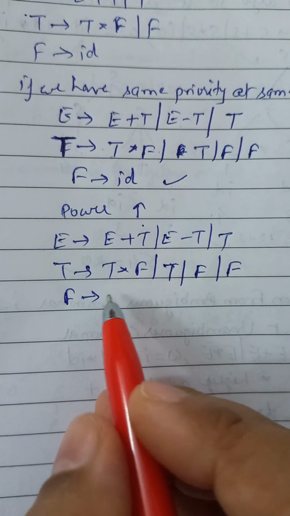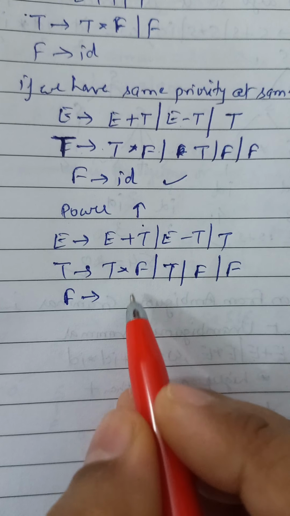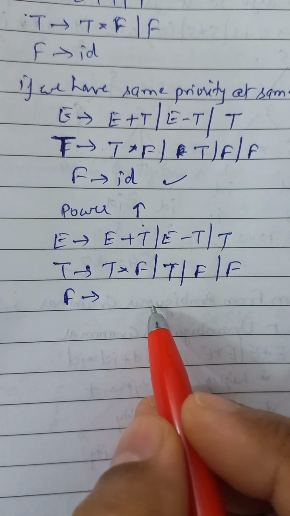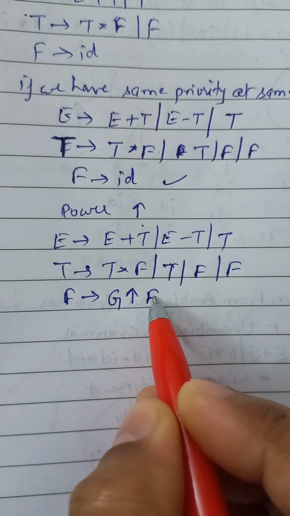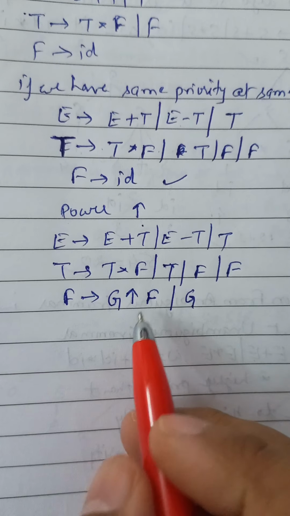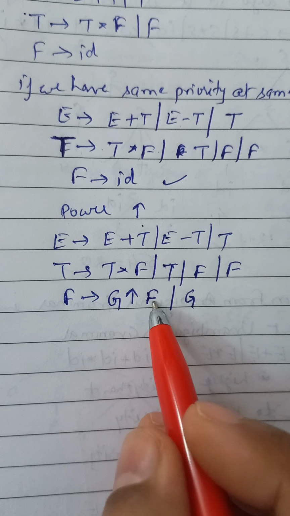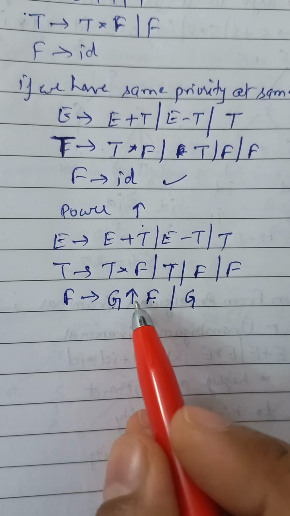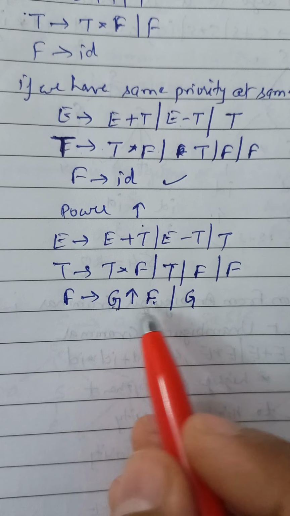F tends to, instead of F, power some other variable, we will write some other variable power F oblique some other variable, that is G. Instead of old variable power new variable, we will write new variable power old variable, because this is right to left associative.